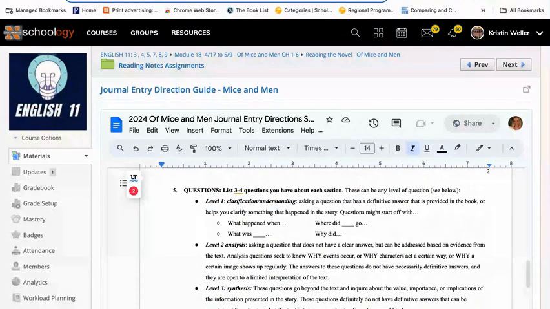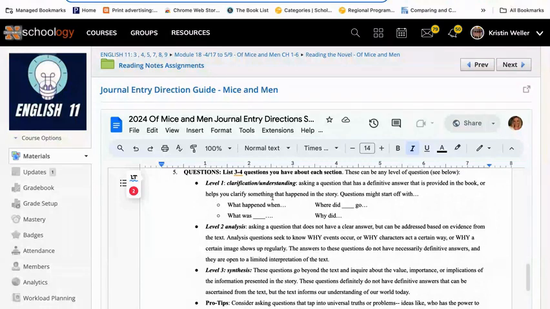Now, here's the difference. Level 1 questions are closed questions for the most part. That means that there's really only one type of answer that you can give to them that will be valid.